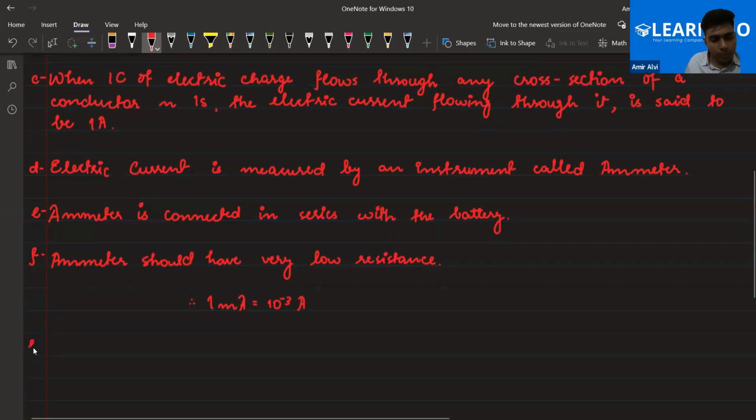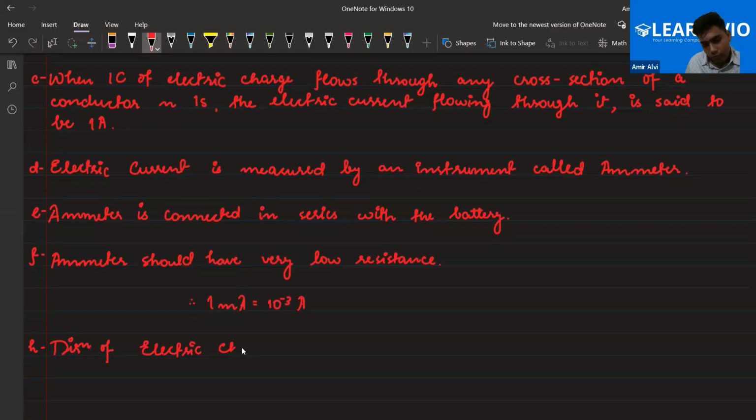Let me explain some topic. This is very important, everyone: direction of electric charges. Electric charges and current.